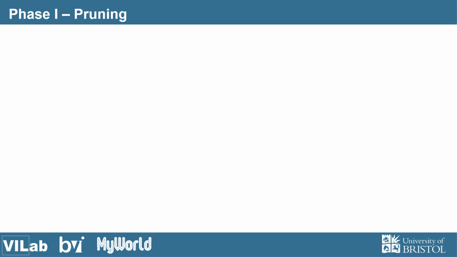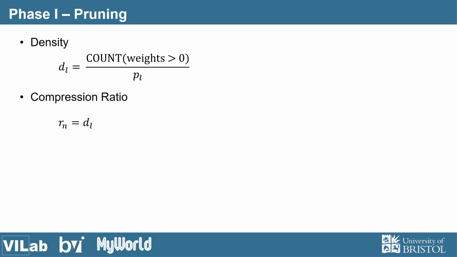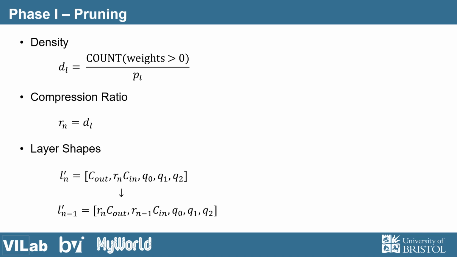We calculate the individual density as the number of weights greater than 0 divided by P_L, the total number of parameters in each layer. We then use each value as the compression ratio for the respective layer, assuming that the density correlates with the size that layer should take up. We then iteratively form new layers, shown here as L', starting from the output layer.